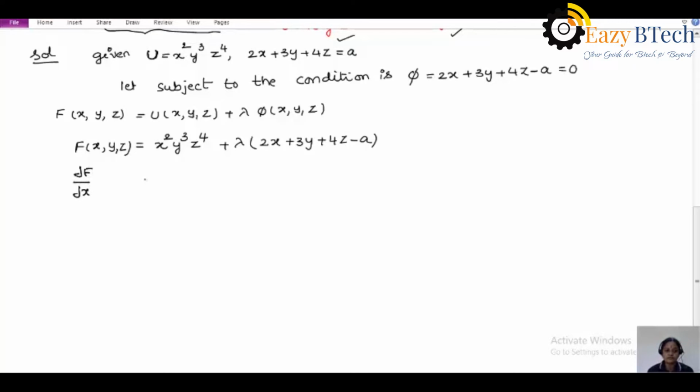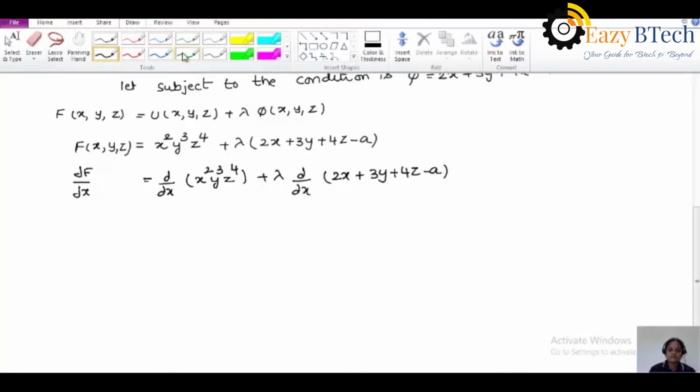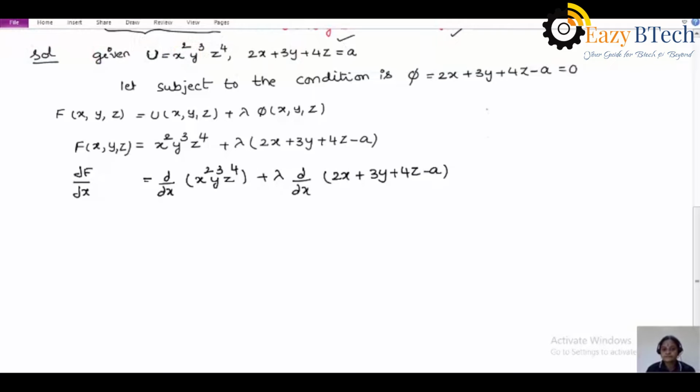I am writing dou f by dou x, students, and here also I am writing dou by dou x of x square y cubed z power 4 plus lambda into dou by dou x of 2x plus 3y plus 4z minus a. So I am giving the explanation of the total partial differentiation here. The first thing, with respect to x, is dou by dou x of x square y cubed z power 4.